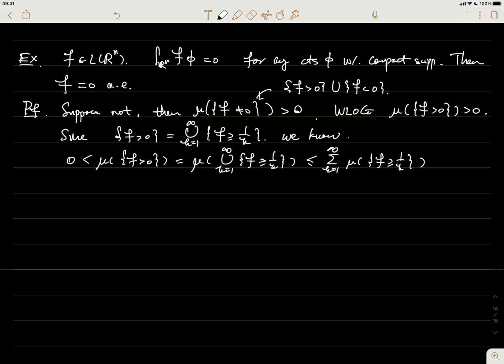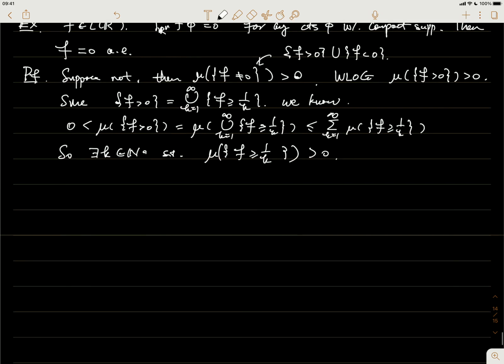So that means there exists a k such that the measure of the set where f is greater than or equal to 1 over k must be positive. Okay, so because of this, let the set E_k be this set.